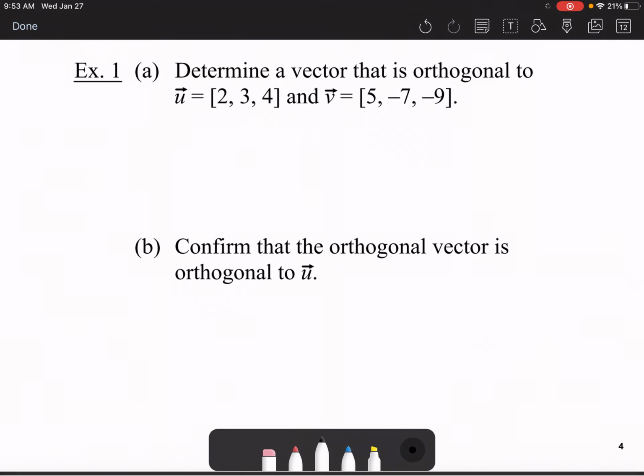So we're going to find out a vector that is orthogonal to 2, 3, 4, and 5, negative 7, and negative 9. So I'm going to work out U cross V. May I suggest you write out the values off to the side so that I, J, K, remember to write them in the same order.